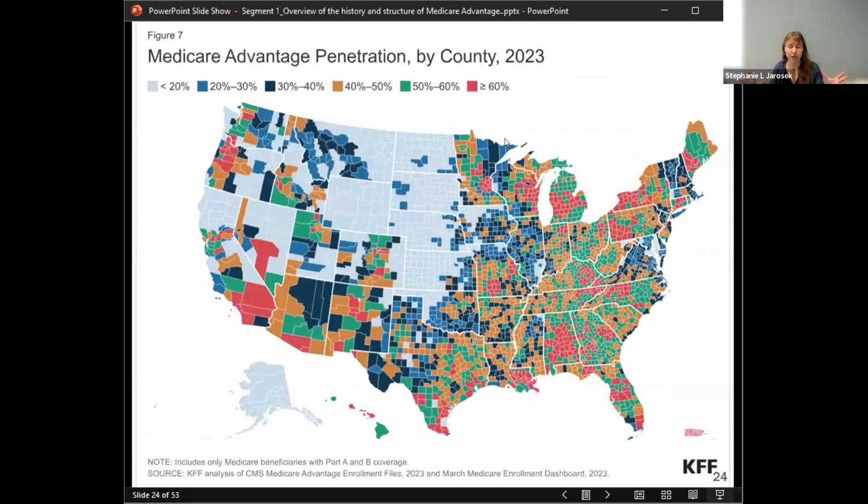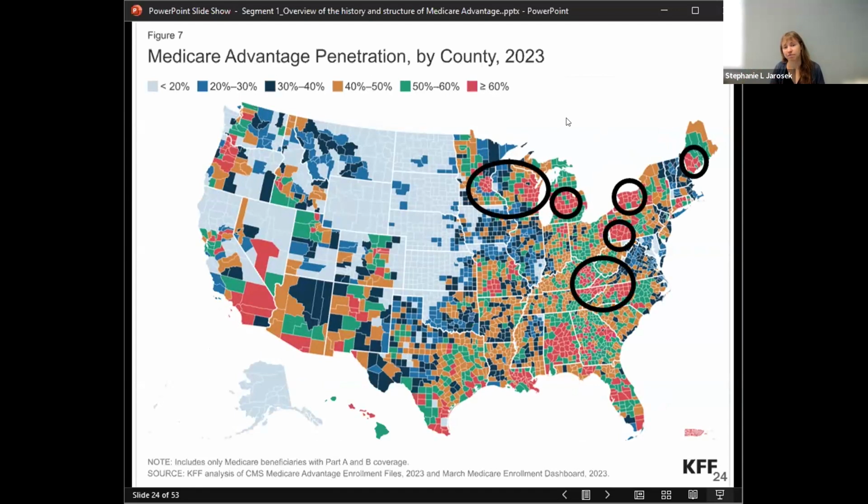The state picture masks the county picture. A lot of the plans are local or regional, not statewide. So even in Minnesota, where we have a high percentage of people enrolled in Medicare Advantage, there are still some counties that have much lower enrollment.